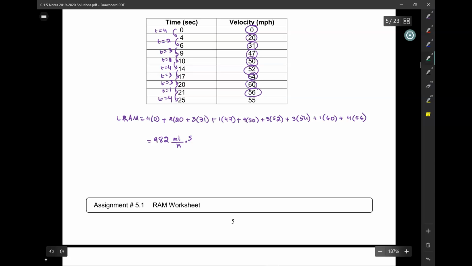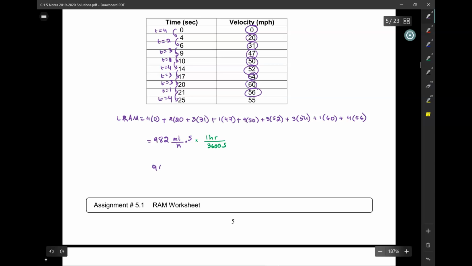So we're going to do times 1 hour is 3,600 seconds. If you think about it, if it's 982 miles in an hour, it has to be a lot less in a second. So I have to divide, right?